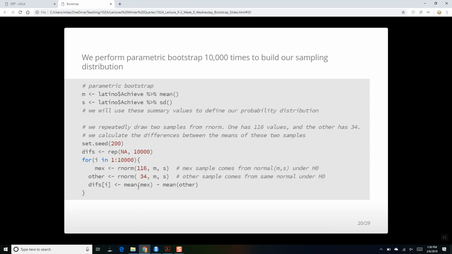We calculate the mean for Mexico, subtract off the mean for the other countries, and store that difference into our vector of diffs. We do this 10,000 times. So this is going to produce a sampling distribution of 10,000 different differences that we've observed just from random sampling.